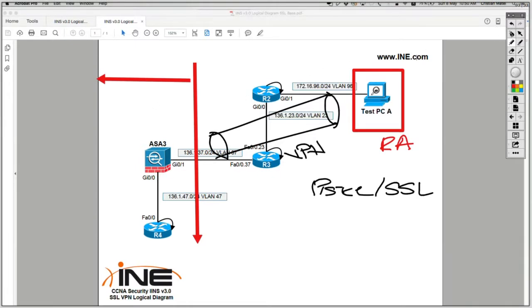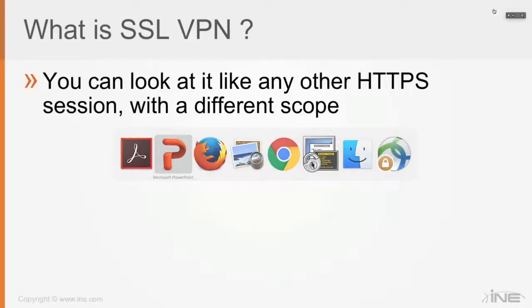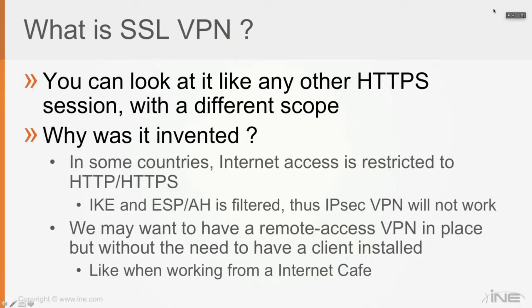One of the main drivers of inventing SSL VPNs was that in some countries, internet access is restricted to allow only HTTP and HTTPS traffic, and also DNS, because without DNS, web browsing doesn't work.